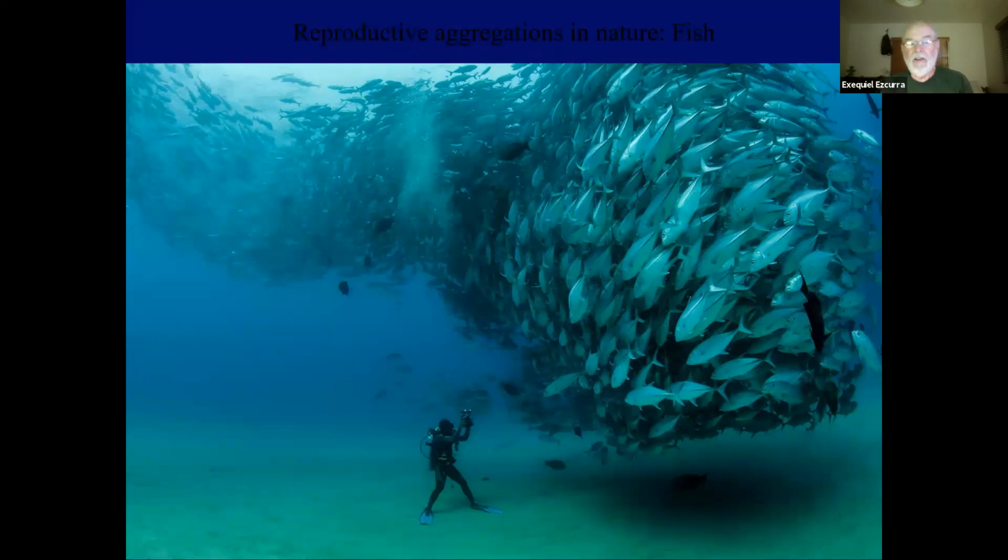They get together, and it's this sort of ritual dance in which they turn around and turn around and turn around. And in doing so, males and females will get together, will explore each other, will do some sort of courting, and at some point they will depart from the mass of aggregated fish. These are, by the way, yellow-tailed jacks.